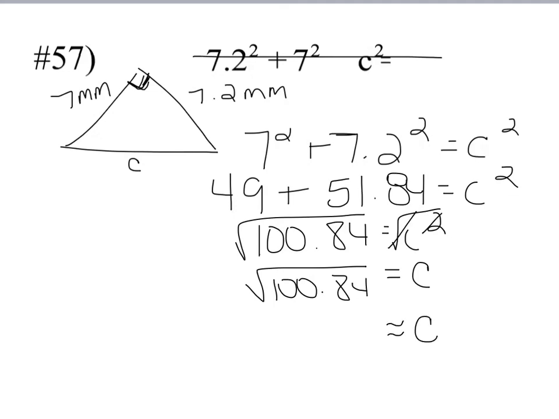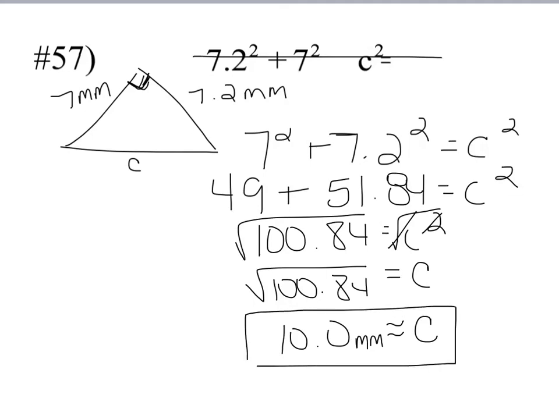So C is approximately, plug that into your calculator, and you get 10.0 millimeters. The reason it's 10.0 is because they asked for 1 decimal place. Okay? So after 10.0, there were some other numbers, obviously, but they only wanted 1 decimal place, so we leave it as 10.0. And that is it.